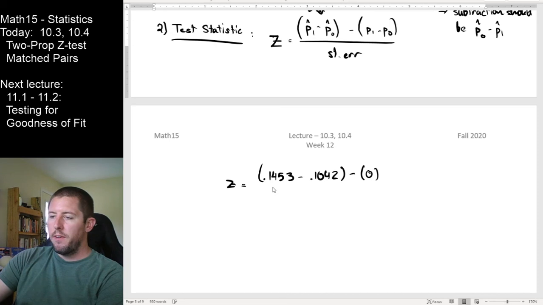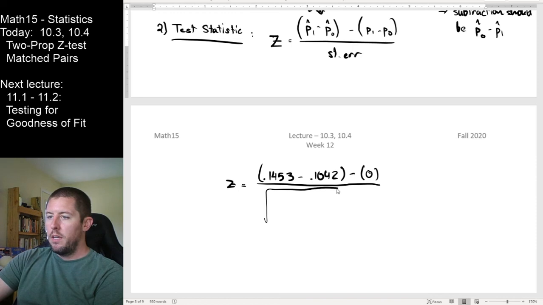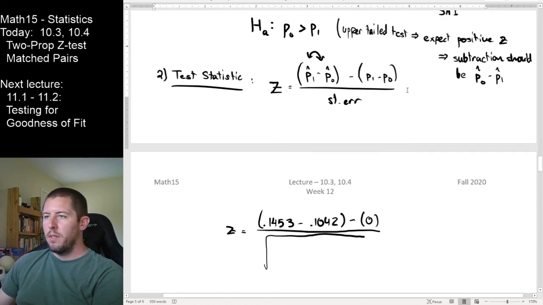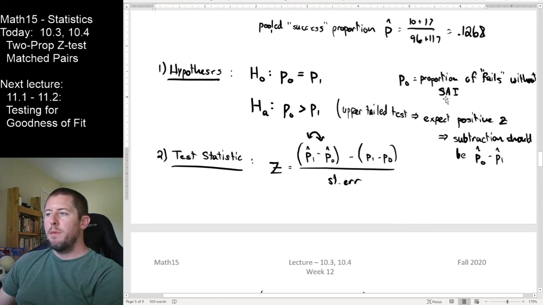Our difference in the null hypothesized value of the difference in proportions is always zero. It's always our statement of no change or no difference. Our standard error term down here is going to be the square root of p hat times 1 minus p hat, times 1 over n1 plus 1 over n2. So what do we got here? We've got our pooled success proportion p hat to be 0.1268.